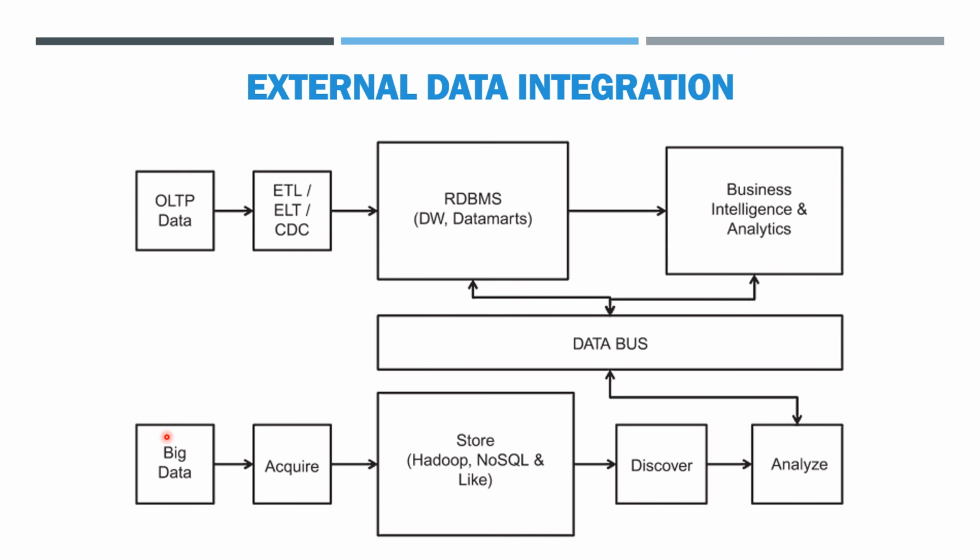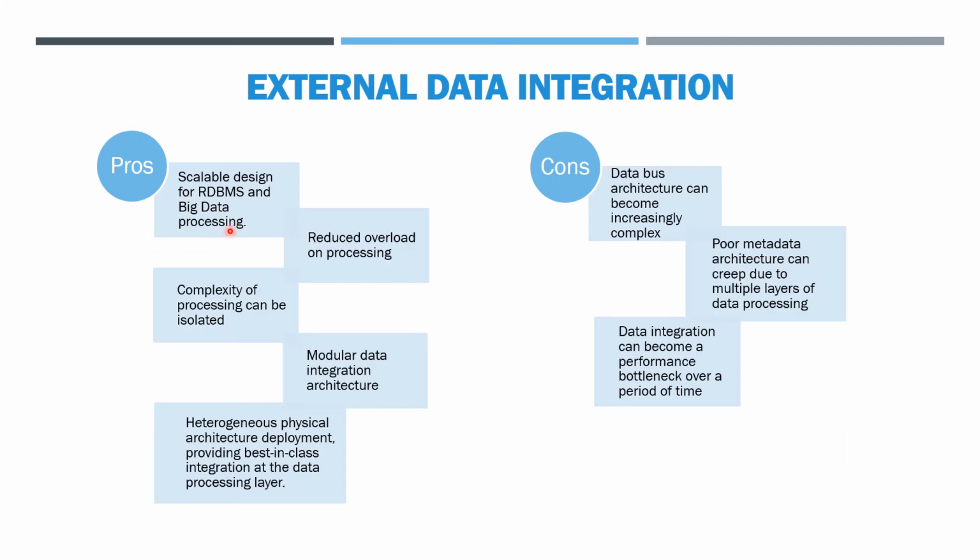The streamlining of workloads helps maintain performance and data quality, but the complexity increases in the bus architecture, which can be a simple layer or an overwhelmingly complex layer of processing. This is a custom-built solution for each system that will be integrated into the data warehouse architecture, and it needs a lot of data architecture skills and maintenance. There are pros and cons in this external data integration. For the pros, it's a scalable design for RDBMS and data processing.